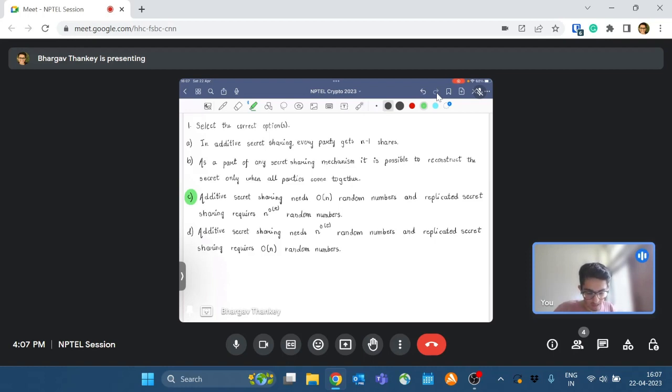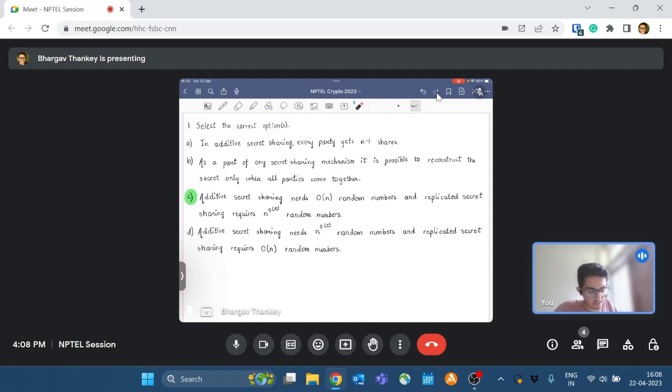Option B is: as a part of any secret sharing mechanism, it is possible to reconstruct the secret only when all parties come together. This is only true if we have n comma n minus 1 secret sharing. However, if we have n comma t secret sharing where t is strictly less than n minus 1, then as long as t plus 1 parties come together, we can reconstruct the secret.